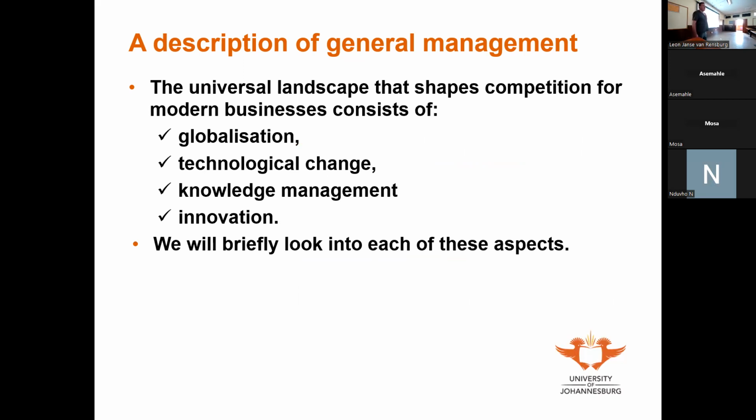So let's describe general management. The universal landscape that shapes competition for modern business consists of globalization. We spoke a lot about that yesterday. Technological change. I've just told you how technology changed the resource base for companies, how some resources become more important, others less. And then knowledge management and innovation, those things are very important.